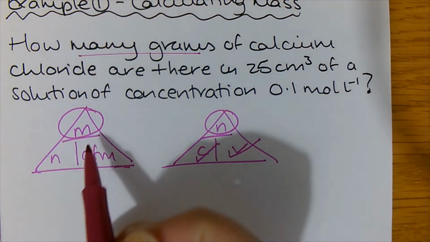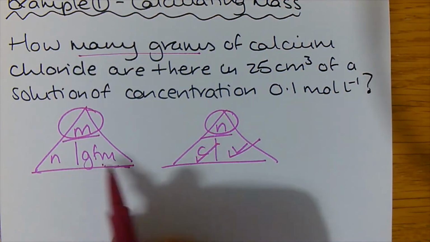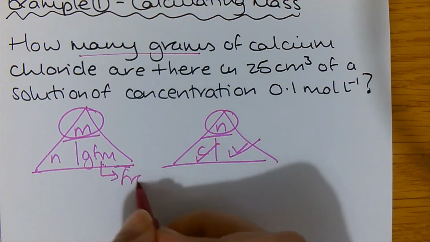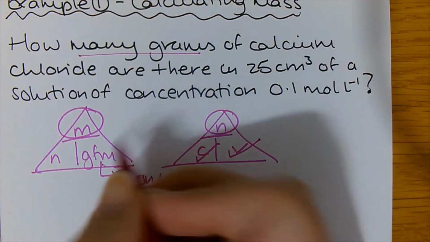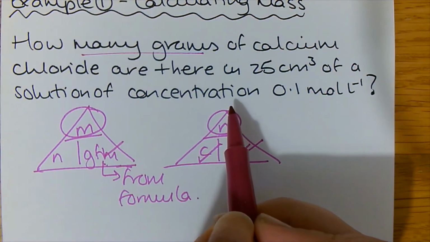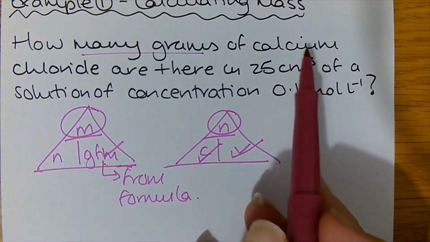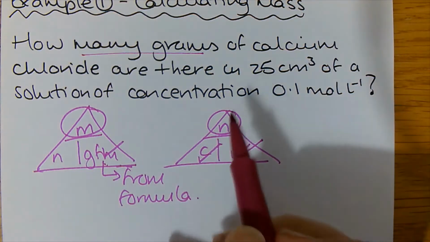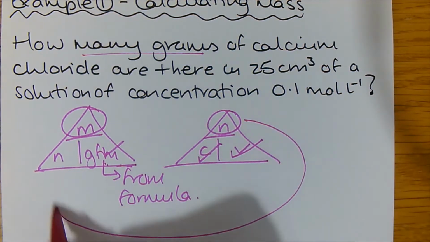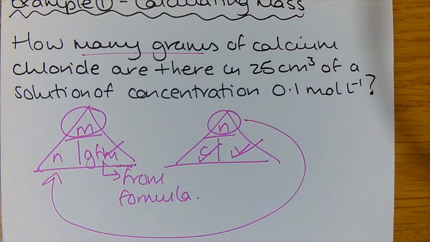We know the gram formula mass, we can work it out from the formula. In this example, we're going to actually have to work out the formula because we've been given the name calcium chloride, so we'll need to work out our formula first, and then we can go back and work out the gram formula mass. And the number of moles we have, we can bring that over from our solutions triangle.